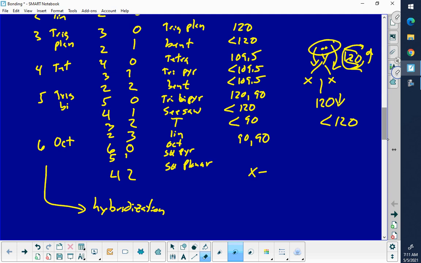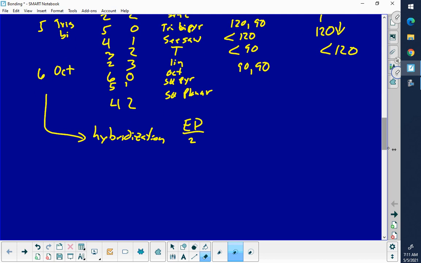Anything more than one bond, I have to hybridize it. All right. So if it has two bonds, I have to hybridize it. Now, my hybridization is dependent entirely on my electron domains. So I have electron domains 2, 3, and 4. All right. And then what is the hybridization?